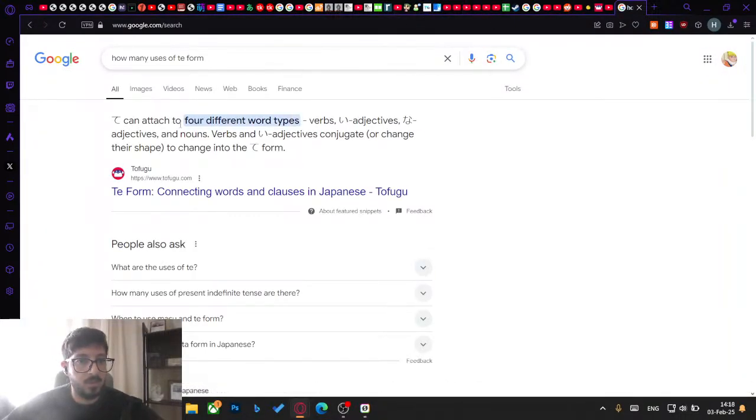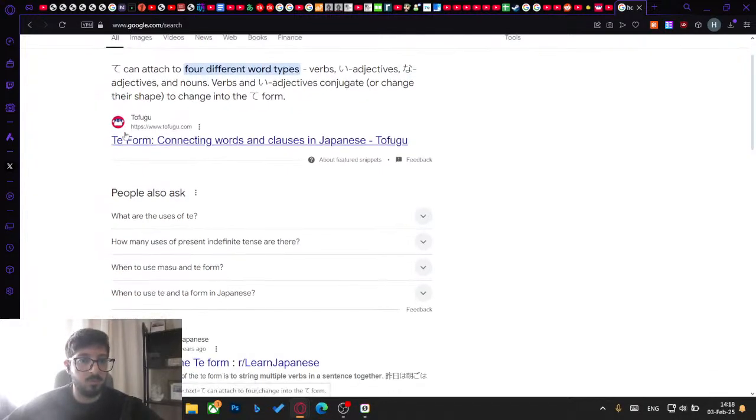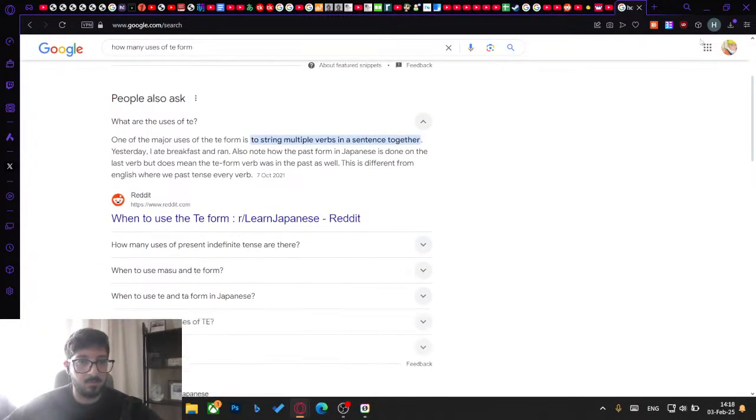Te can attach to 4 different word types. Verbs, yeah, but how many uses though? Verbs and i adjectives conjugate or change their shape to te form. What are the uses of te?